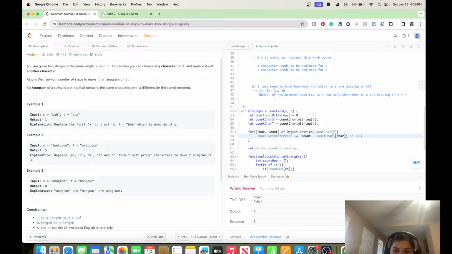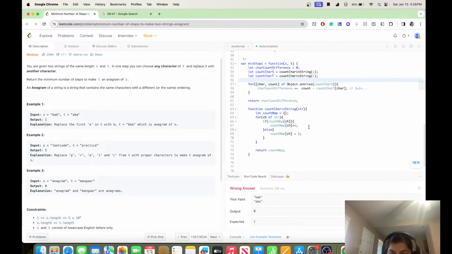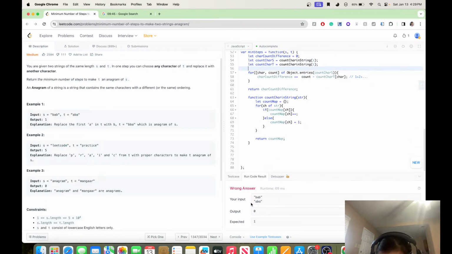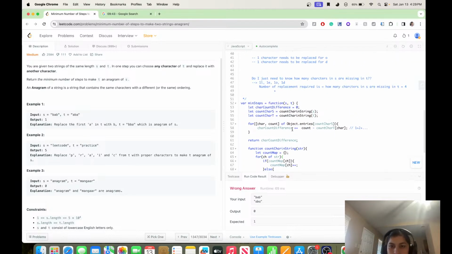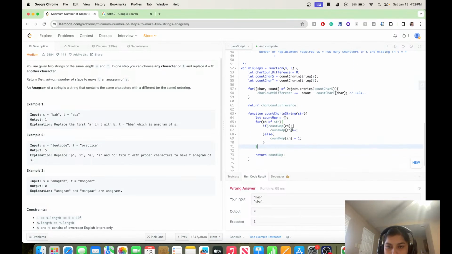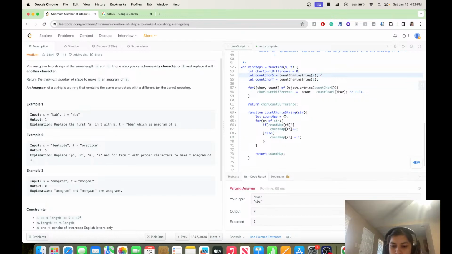Oh, wrong answer. Output is 0, expected is 1. BAB and ABA. Okay, so B's count will be 2 and A's count will be 1, and here A's count will be 2 and B's count will be 1, right?